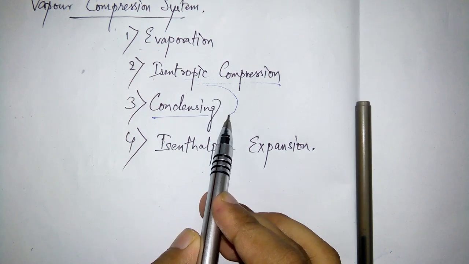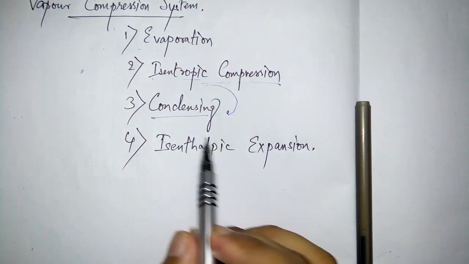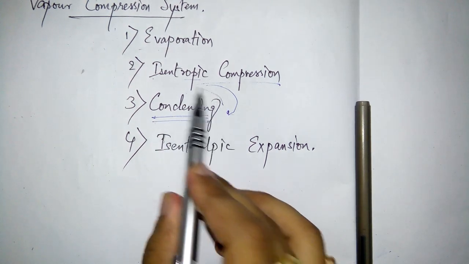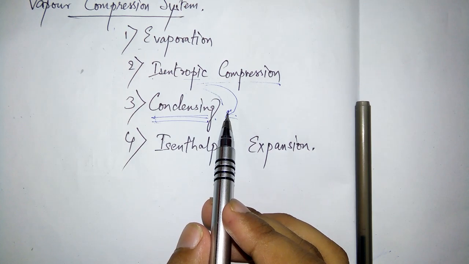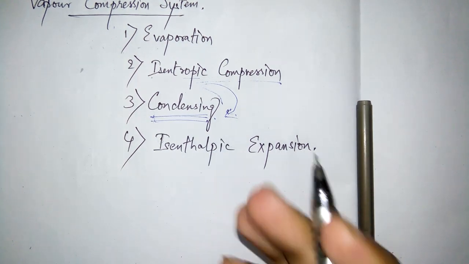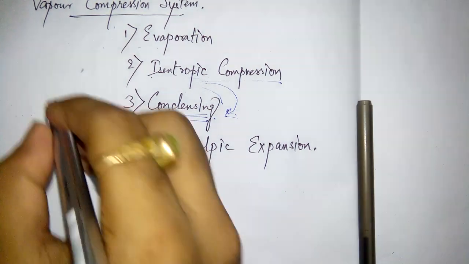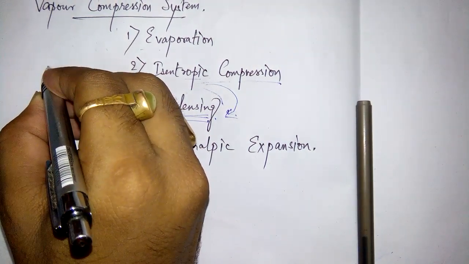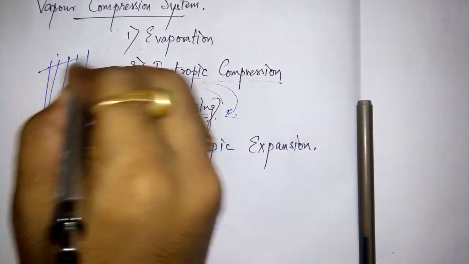Then is condensing. After compression, the refrigerant needs to be condensed. It happens in a condenser. Condenser is nothing but a type of heat exchanger. Here the refrigerant leaves the heat to the ambient. At the back of your domestic refrigerator, if you see, there are some coils like this.